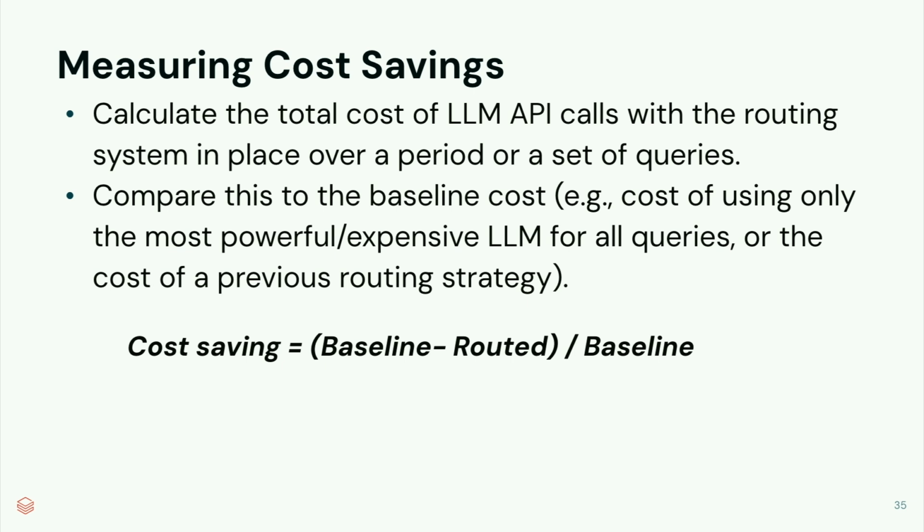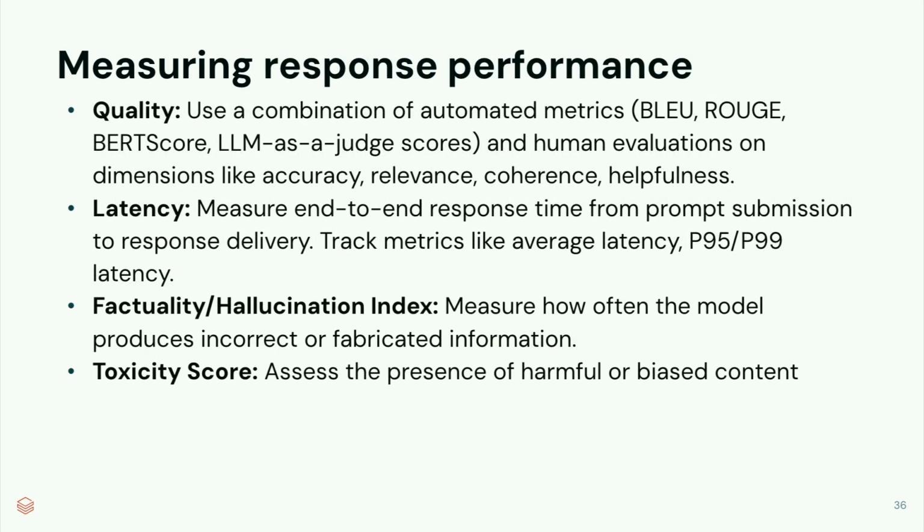That means your cost is now diversified based on the prompt and other complexity. Then you can just do a standard cost saving calculation to understand what percentage we are saving.